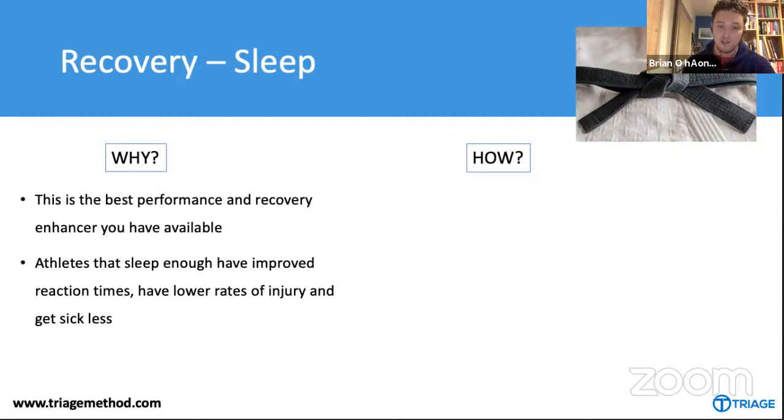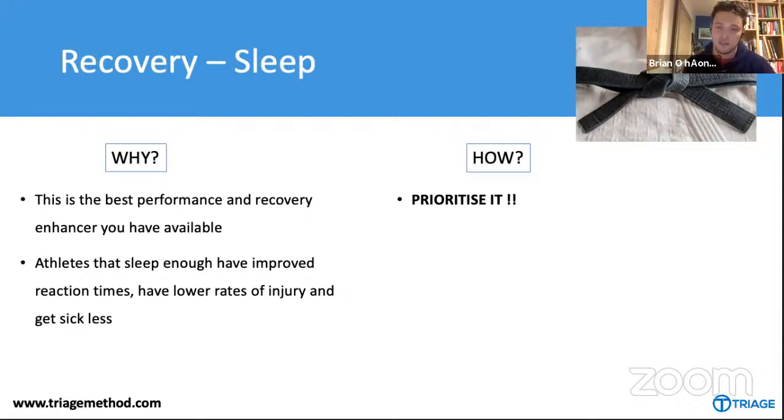Have lower injury rates, much lower injury rates, which is important for any athlete, of course. And then obviously not getting infections and getting sick as much, because sleep does wonders for your immune system. So all these things are really important considerations for not just athletes, everybody, but you are my audience right now. So I really want you to take this on board and prioritize it.